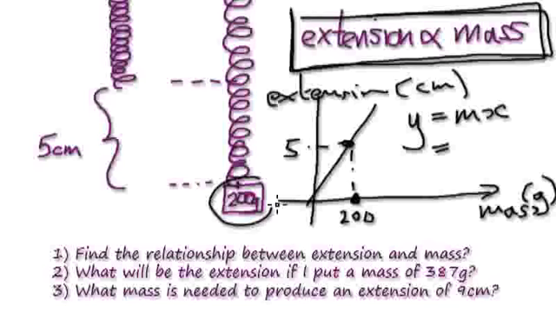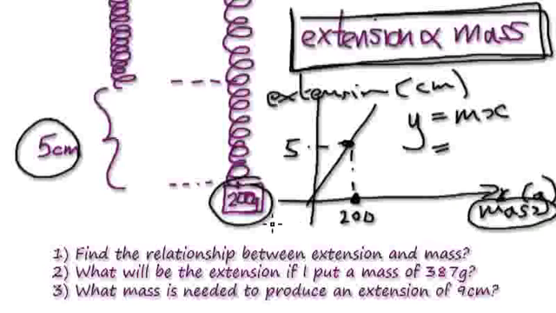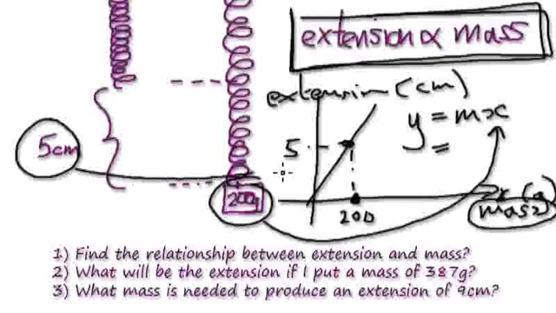Initially you're told that 200 gives an extension of 5 centimeters. Don't forget, mass is along the x-axis. So let's put the mass into this x here, and put the 5 into the y here, and then we can find out the m.